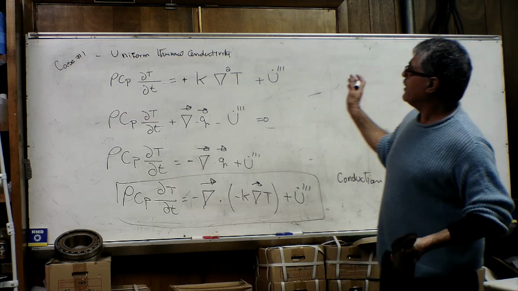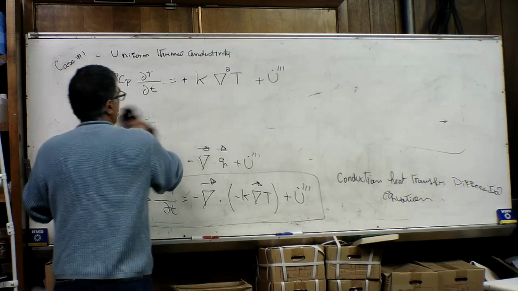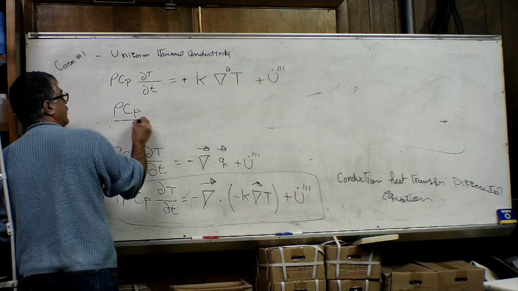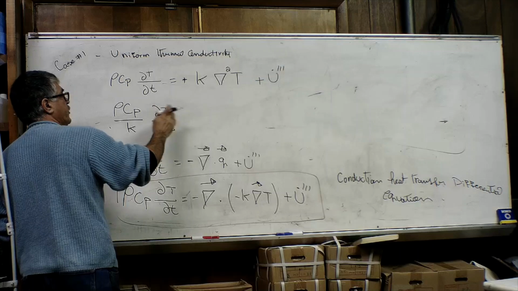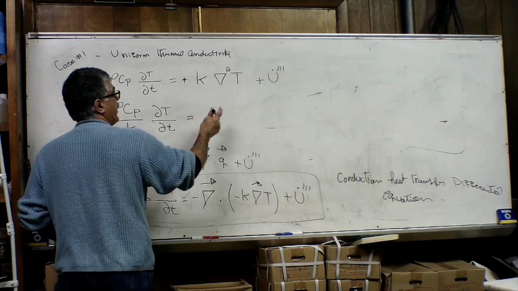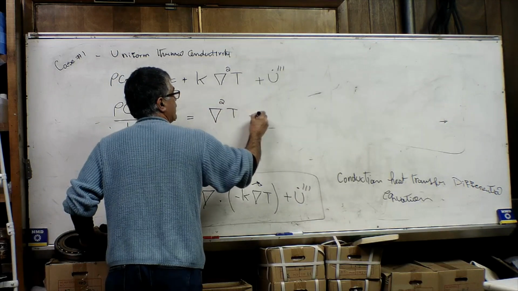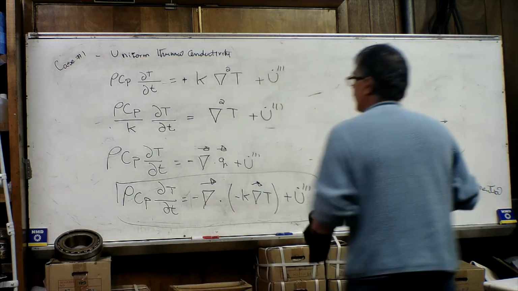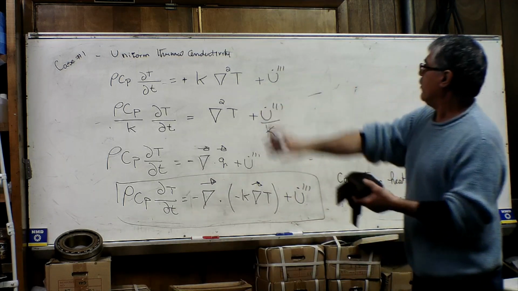And let's go ahead and divide both sides of the equation by k. So on the left side, we are going to have rho Cp divided by k, partial derivative of temperature with respect to time, is equal to k divided by k is 1, del square T plus u dot divided by k.